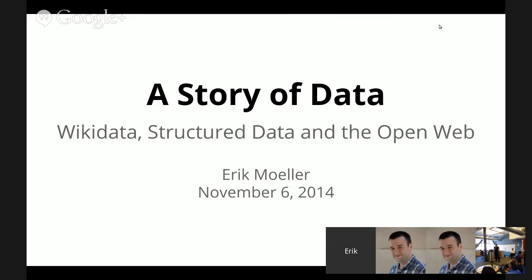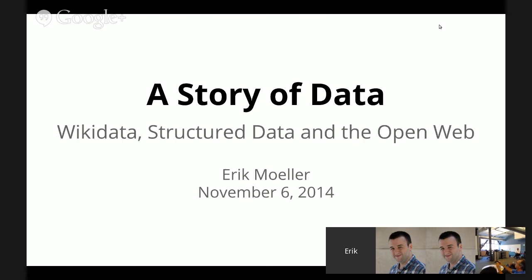So I wanted to tell this a little bit as a story because I think it's often important to think back a little bit in terms of how the web has developed and the role Wikipedia has played in it. And in this case, the role data has played in it. So in the early days of Wikipedia, it became pretty clear that structured data, tables, info boxes, lists, and so on would be a critical part of the encyclopedia.